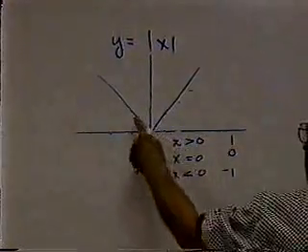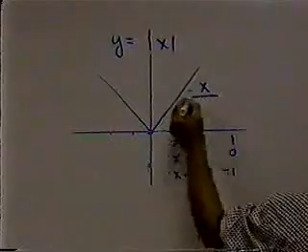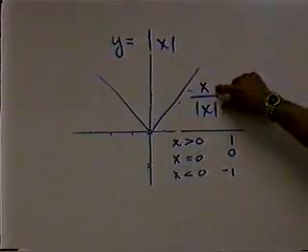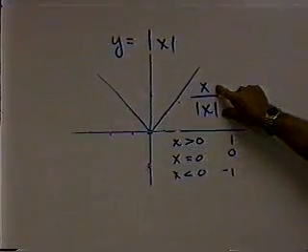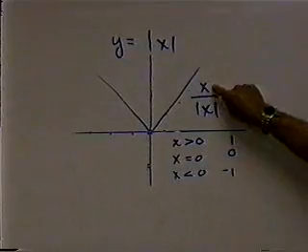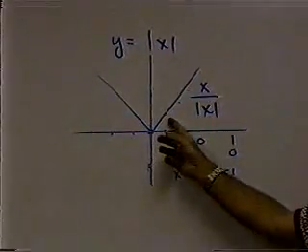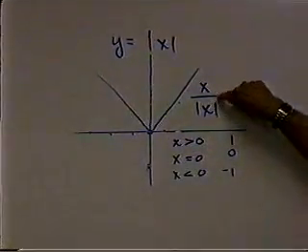But wait a minute. Over here, it's a minus 1. Well, look what happens. If I write x over the absolute value of x, if x is 5, I get 5 over 5. That's 1. If x is 10, I get 10 over 10 is 1. If x is 1, it's 1 over 1 is 1. So when x is positive, I get 1. When x is minus 2 over a plus 2, it's a minus 1.